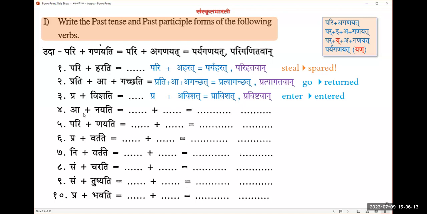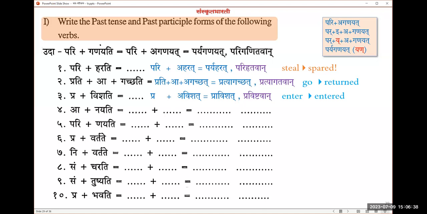Okay, continue, sir. Fourth one is a plus nayati. So it's a plus aniyat. Anayati is the lat lakara. And in past tense it is a plus anayat.